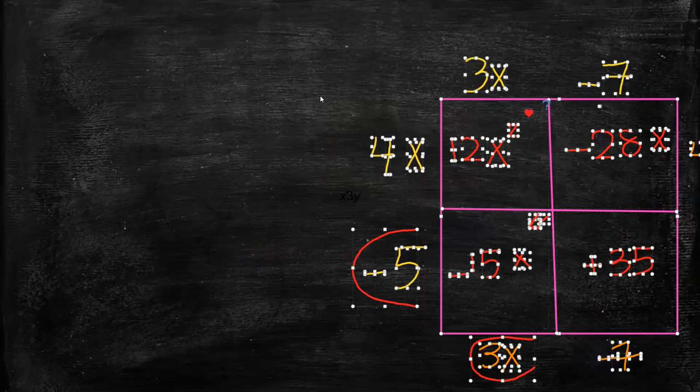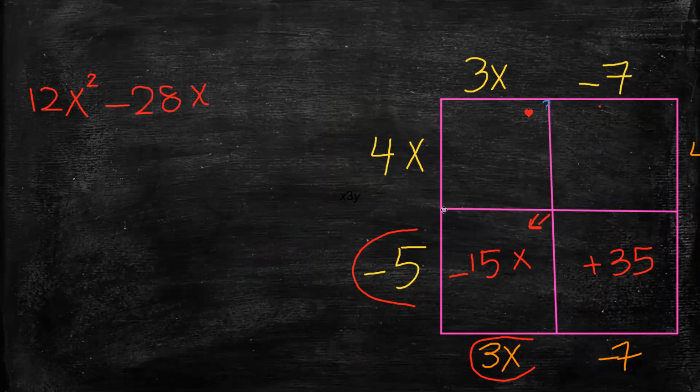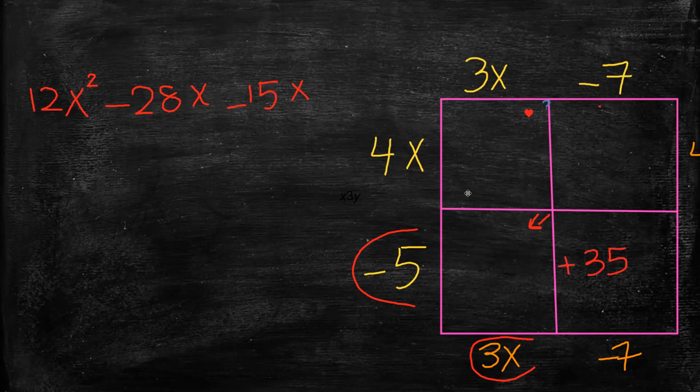Let's remove it. Now, take the first number, move it here, 12x squared, then minus 20x, then minus 15x, then plus 35.